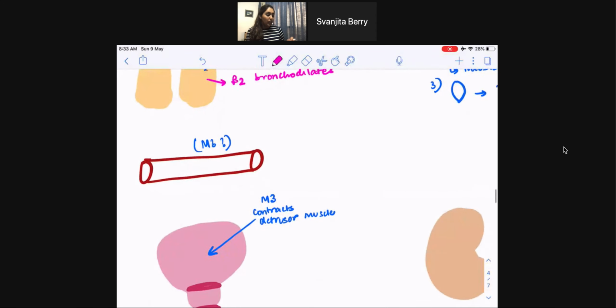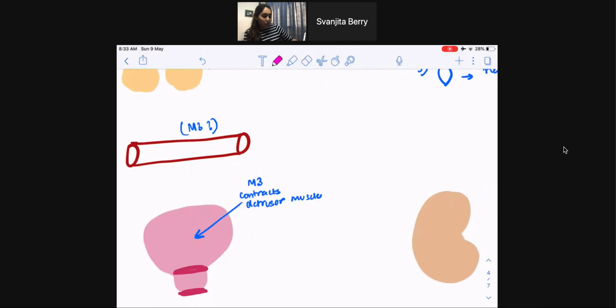Blood vessels are a little tricky, because we have two opposing actions of the sympathetic branch on the blood vessels. We have alpha 1. Keep in mind this is a Gq. So Gq, calcium in the cell, contraction, right? So this vasoconstricts.